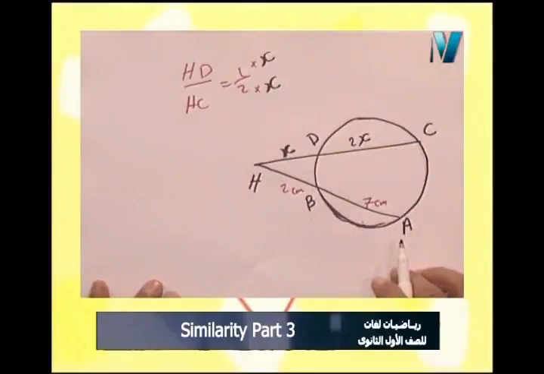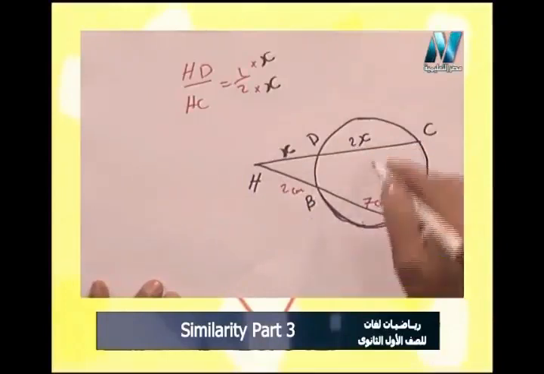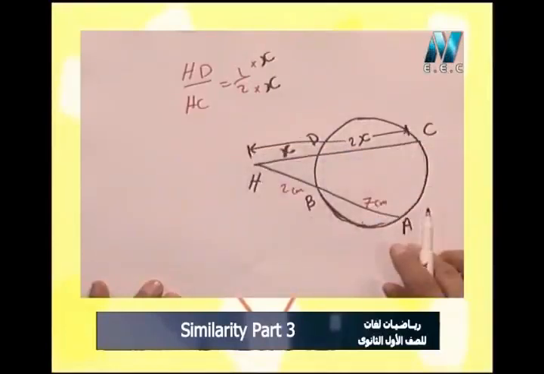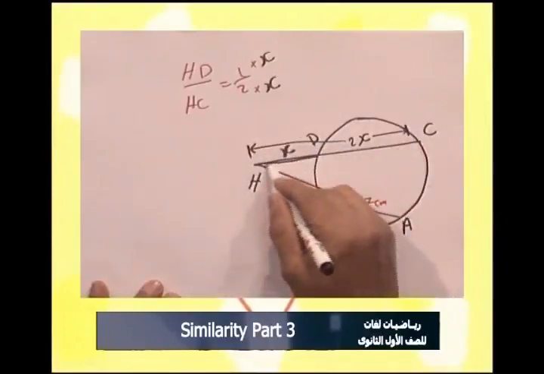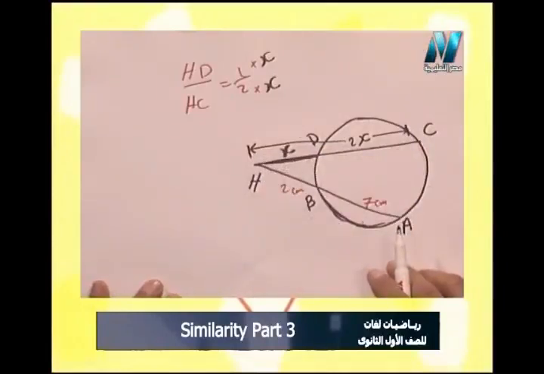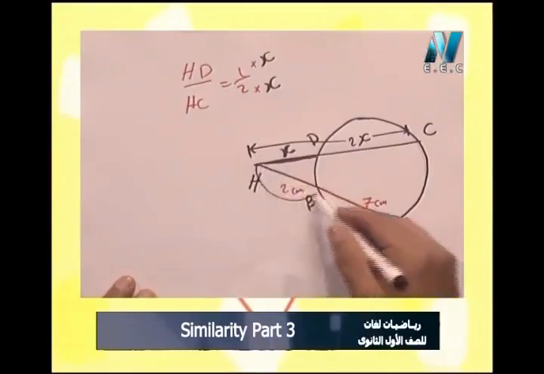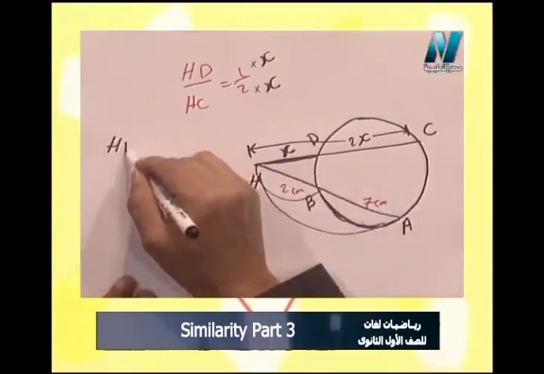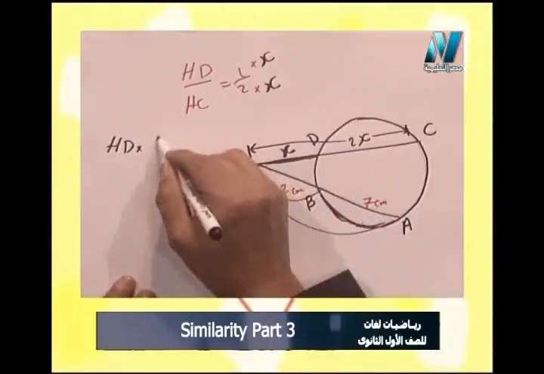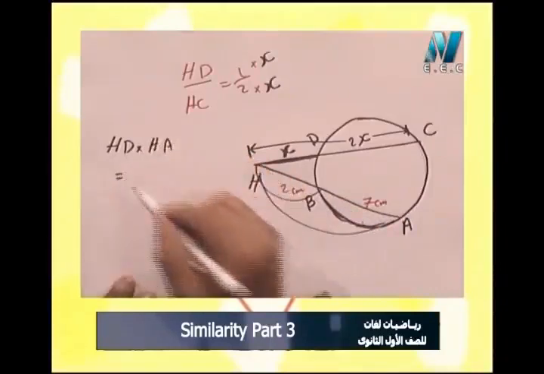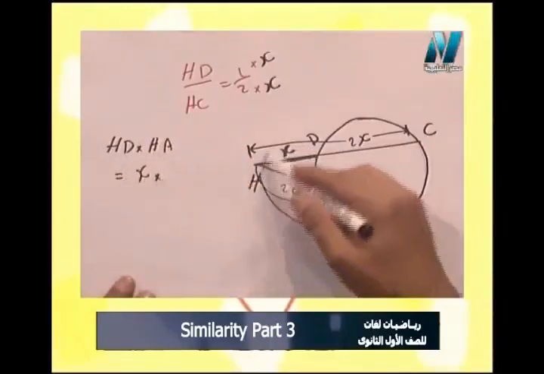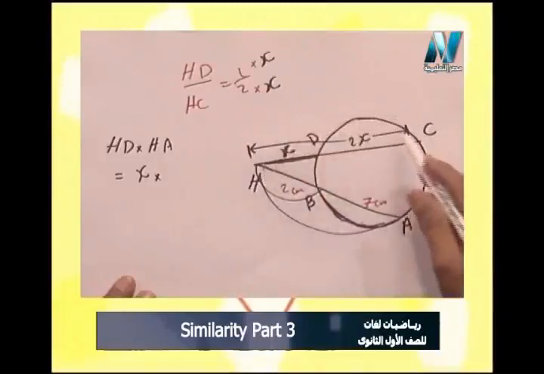And now this 2x is all of HC. Concentrate with me. This x is only for HD. So we will apply the relation between them. We have HD here multiplied by HC, which equals x multiplied by the whole HC, which is 2x.